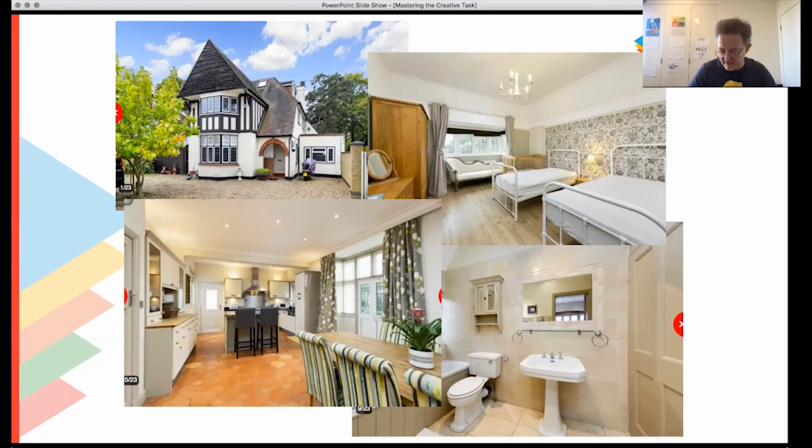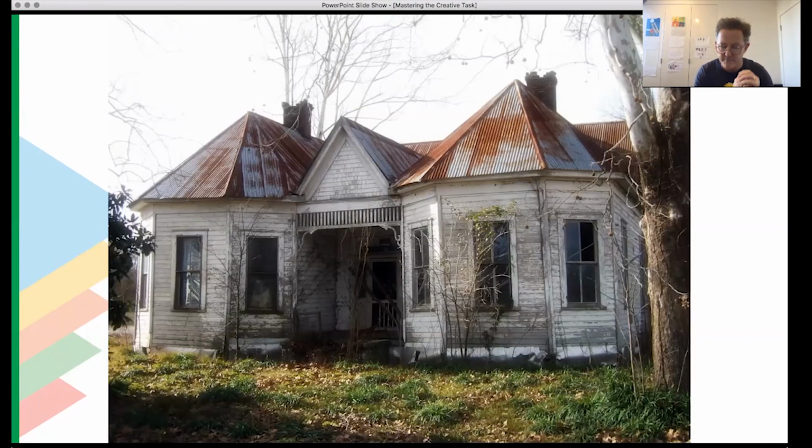But on the subject of houses, let's take a look at this house again. This time, I don't want you to use detail to just show place. I also want you to reveal something about the character who is revealing it to us. So I'm going to give you two choices here. You can take one of these choices or the other, whatever works for you. Choice number one, it's nighttime.